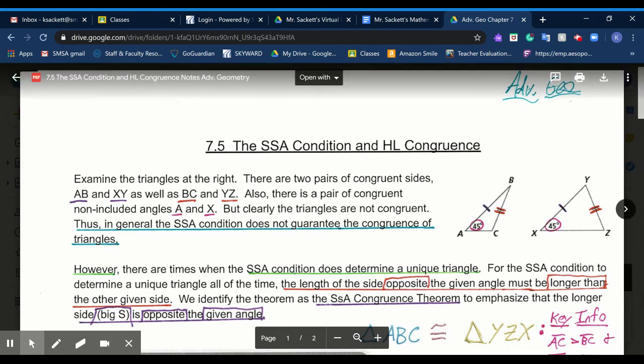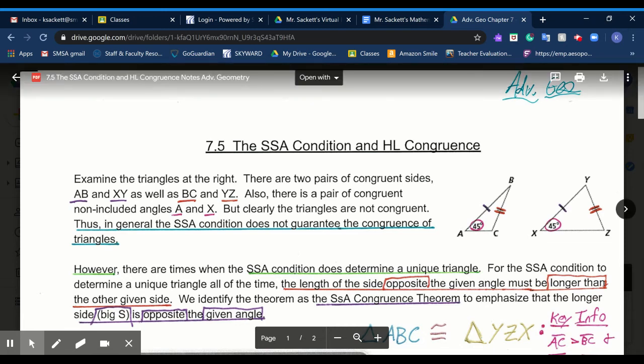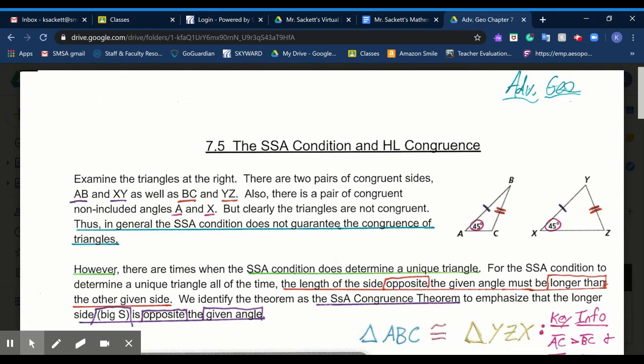So they have those on the opposite ends of the theorem with the smaller side in the middle. That's what that theorem stands for. So the side-side angle condition can be a congruence theorem if this piece right here is met. The length of the side opposite the given angle must be longer than the other given side.